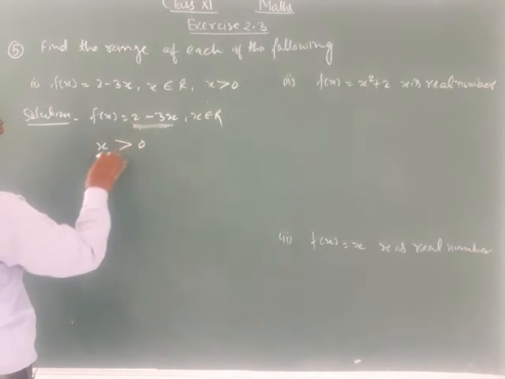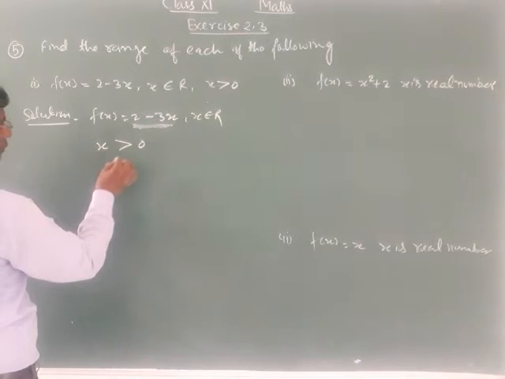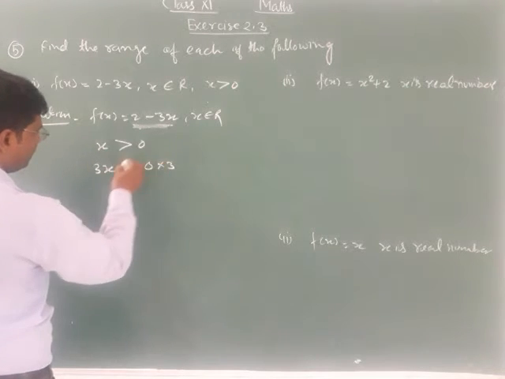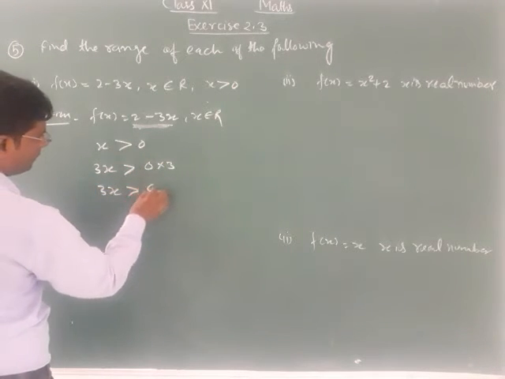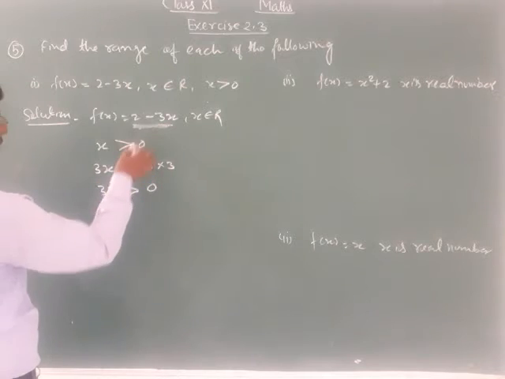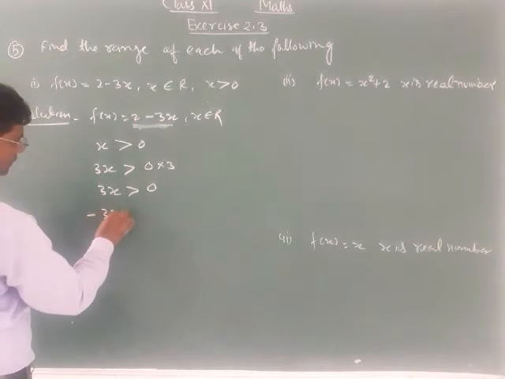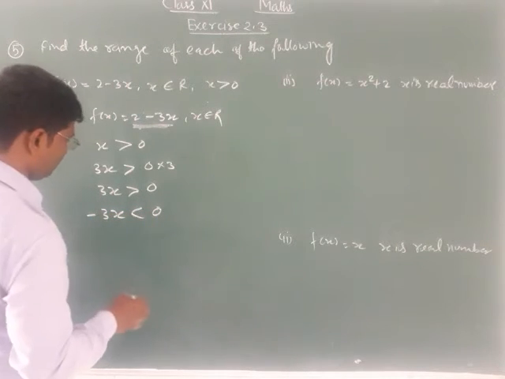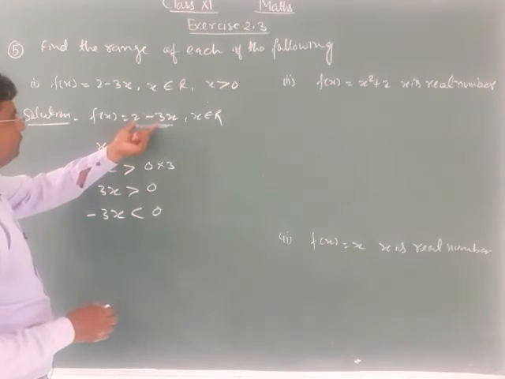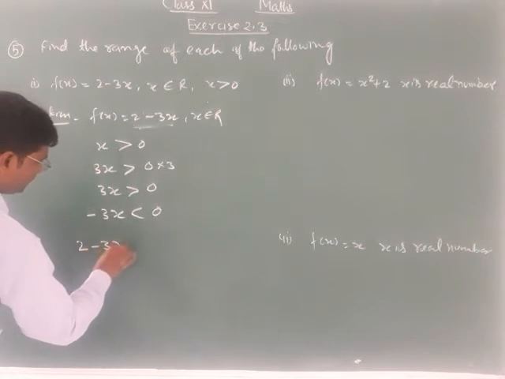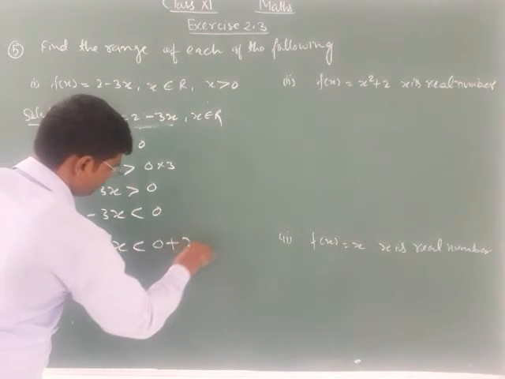Multiply by 3 on both sides, so 0 into 3, we get 3x greater than 0. Multiplying by minus, we get -3x less than 0. Adding 2 to both sides, 2 - 3x less than 0 plus 2.